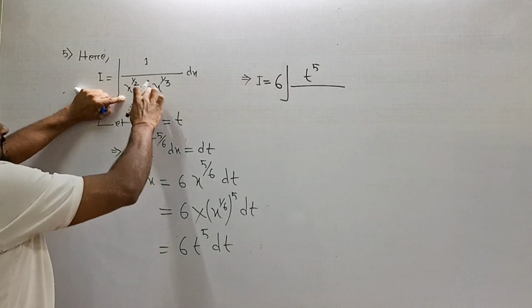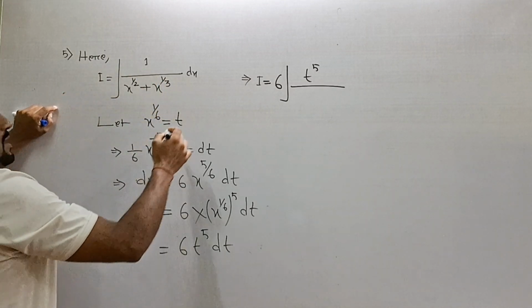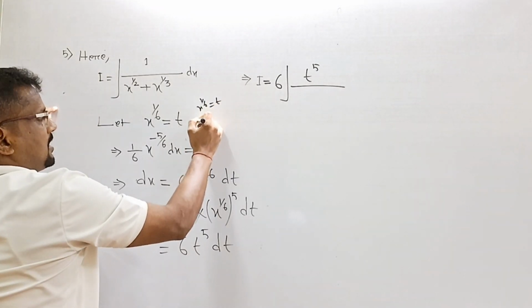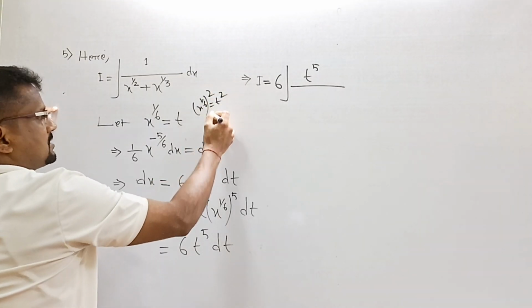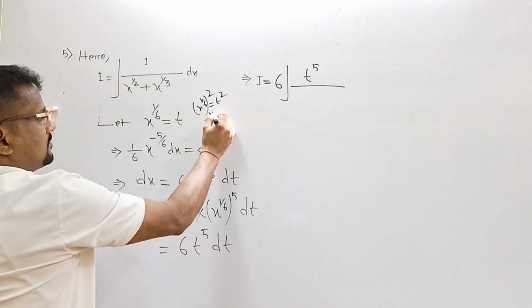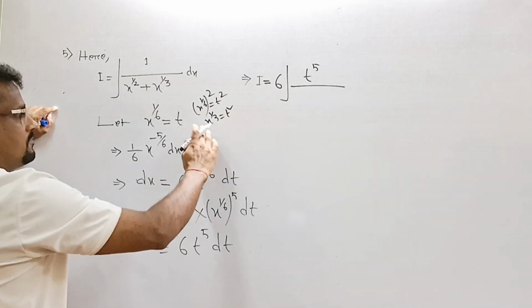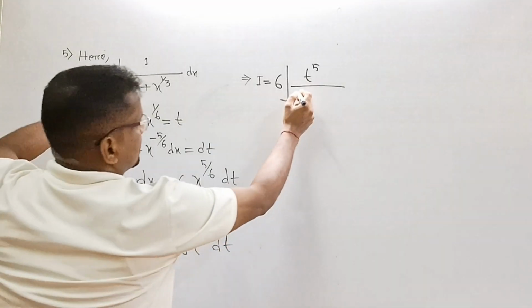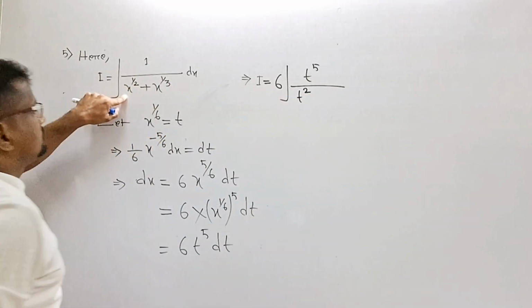For x to the power half, if you take the square on both sides, x to the power 1/6 is t, and squaring both sides, x to the power 1/3 is equal to t square.